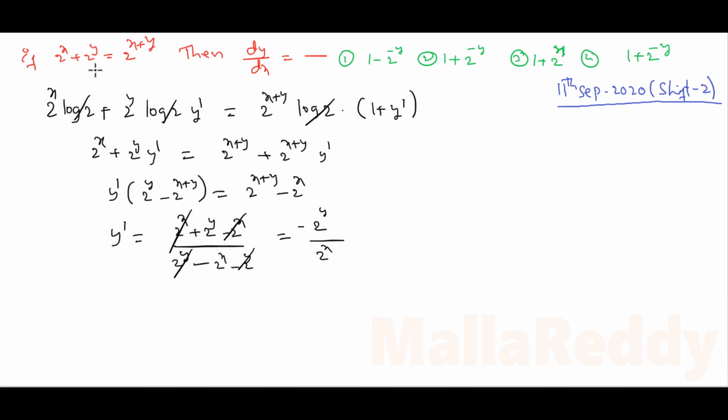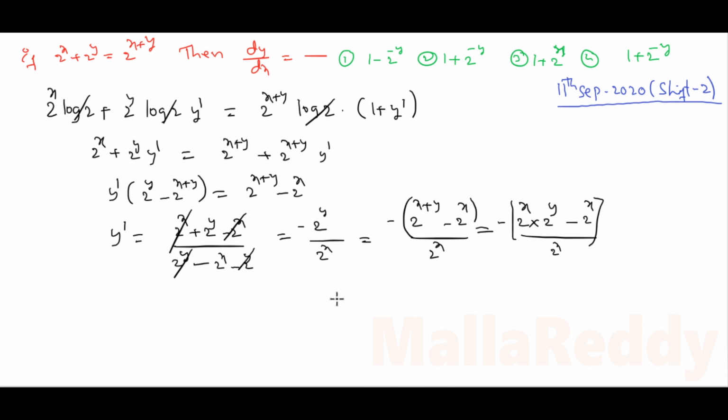Again 2 to the power of y is written from the problem, that is 2 power x plus y minus 2 power x by 2 to the power of x. This 2 power x plus y is written as 2 power x into 2 power y minus 2 to the power of x by 2 to the power of x. This whole minus half, this is minus half.